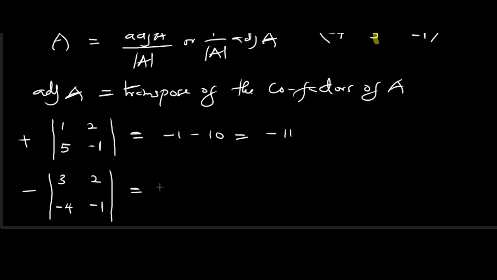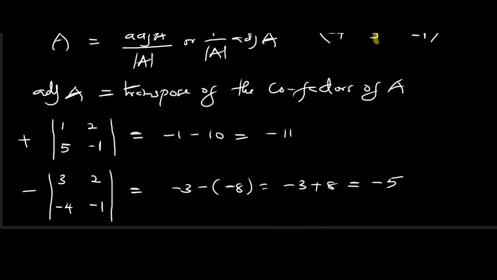Minus 1 times 3, that is minus 3. Then minus 4 times 2, that is minus 8. So we have minus 3, minus times minus, that is plus 8. Minus 3 plus 8 is 5. But don't forget, we have a negative sign here, so that will be minus 5.